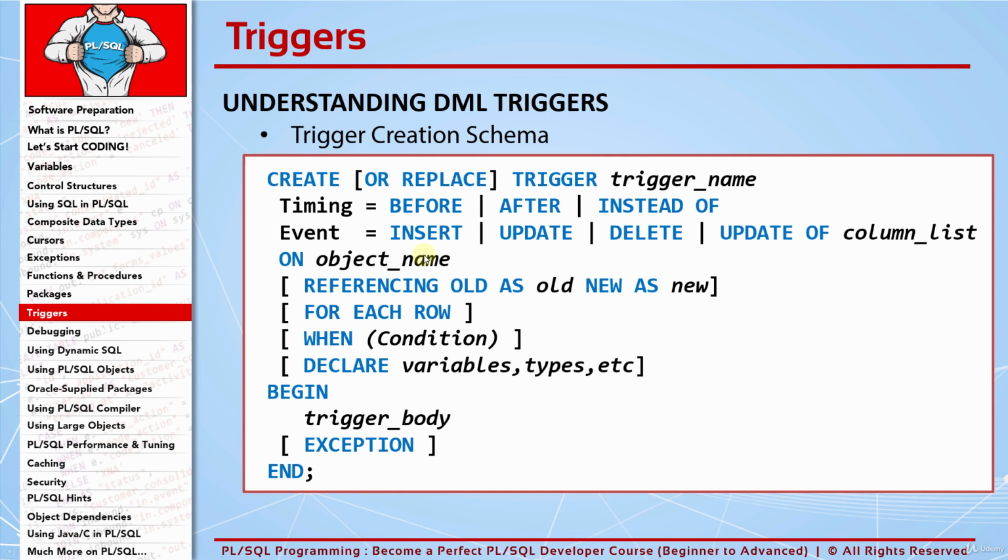So here we can say that DML triggers are bound to a table or view. So if any DML event occurs on that table or view, the Oracle server will automatically run all the triggers created on this table or view. That means we can have so many triggers on the same table. They will all be executed when the events that we specify occur.